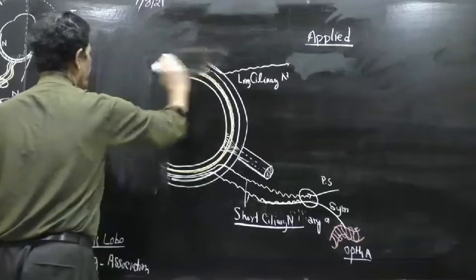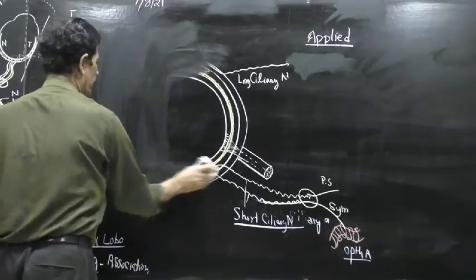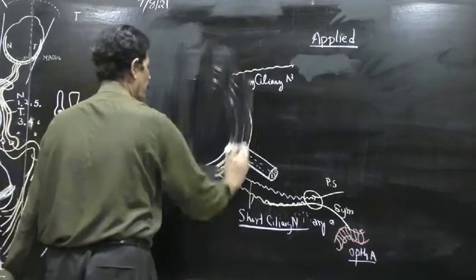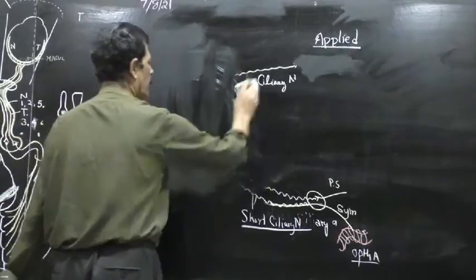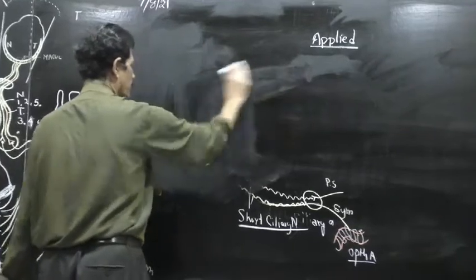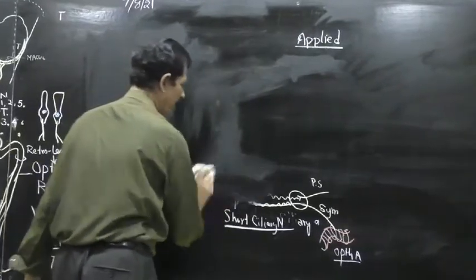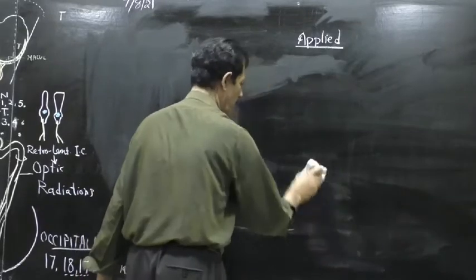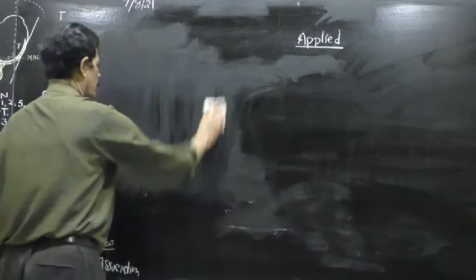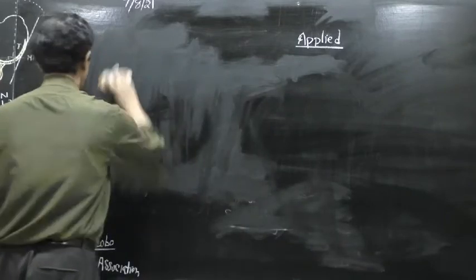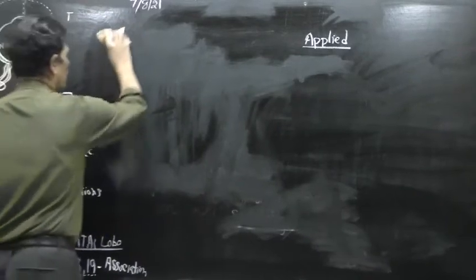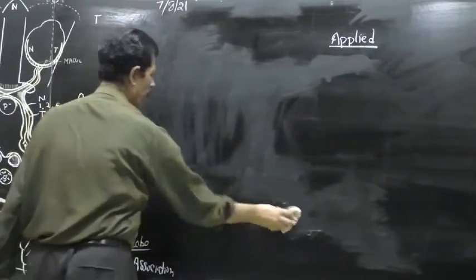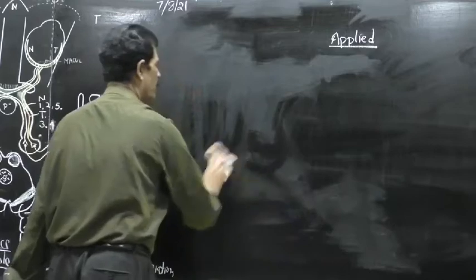So there are different levels of injuries in clinical practice for the eye surgeons, depending upon which part of the optic tract or optic pathways is involved or damaged.